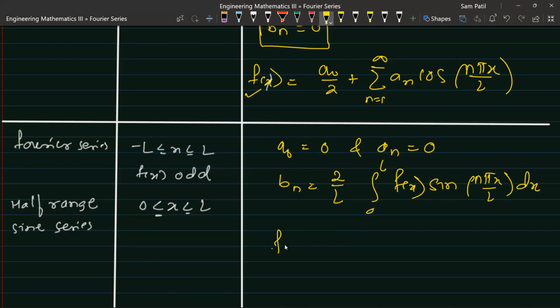And the series expansion of f(x), where a naught is 0 and an is 0, is only bn sin(n pi x upon L), n from 1 to infinity. It means if the interval is minus L to L and the function is odd, then a naught and an are automatically 0. Only need to find out bn. Got it? Is there any doubt?